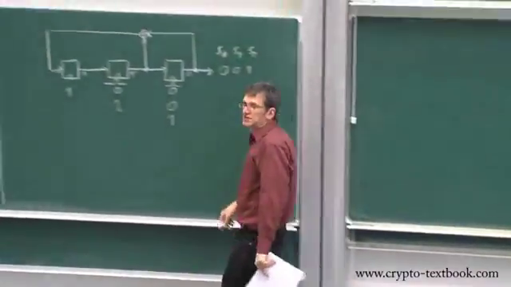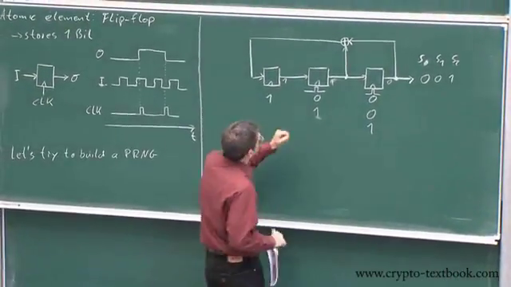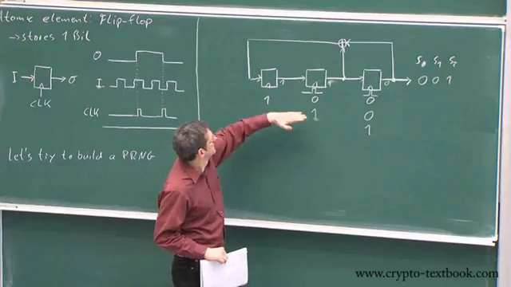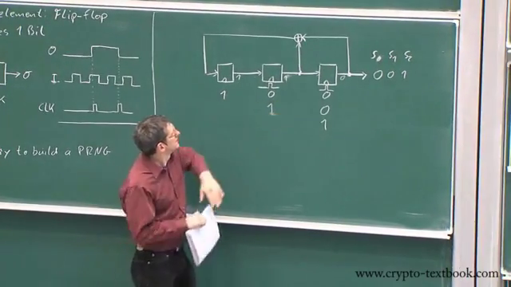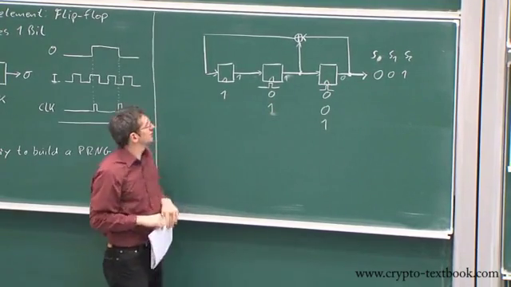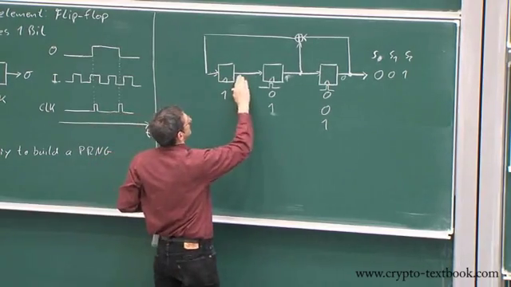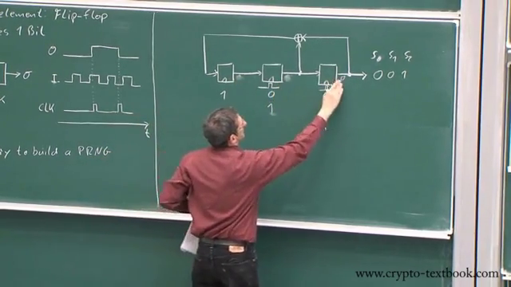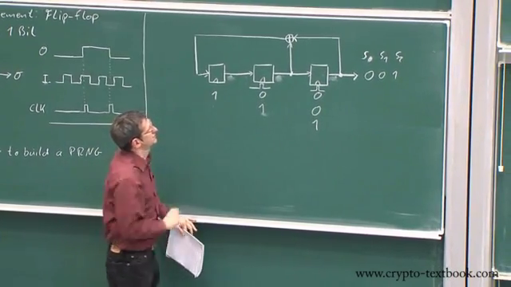Okay, now let's revisit our previous clock cycles here. That was the initial state, okay? And this 1, 0 was after the first clock, but we didn't really look into this, which is really the interesting one. So remember what happened. Which value is clocked in here after the first clock cycle?